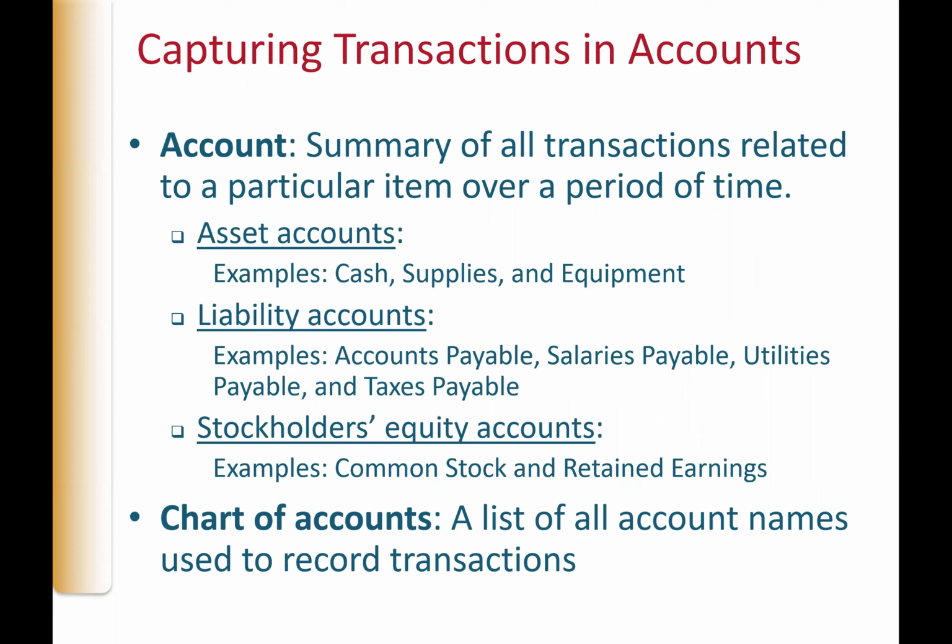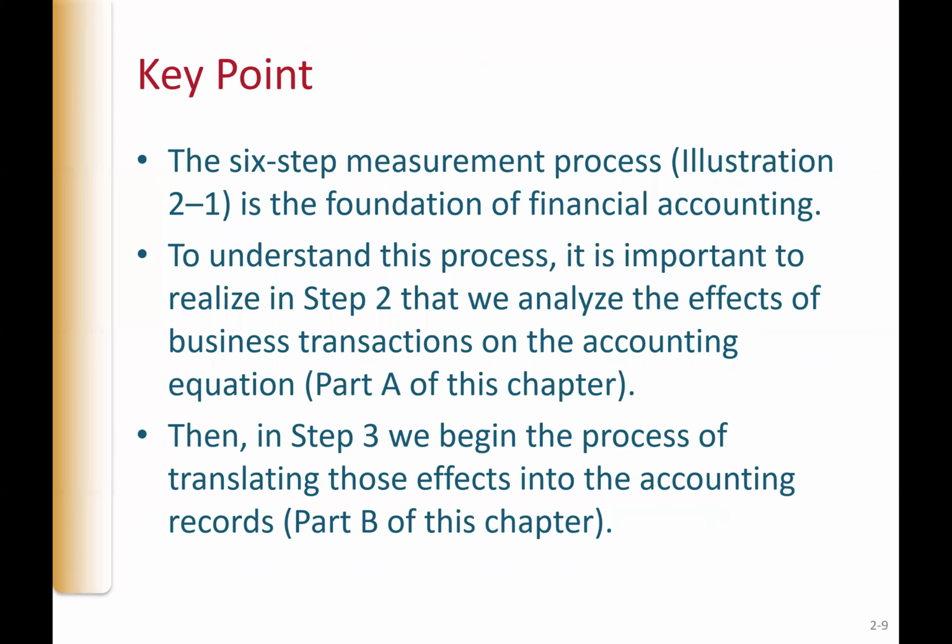So each company has its unique chart of accounts. Sure, everyone's going to have cash accounts. Everyone's going to have liability accounts and accounts payable, but there's going to be some uniqueness among the various companies.